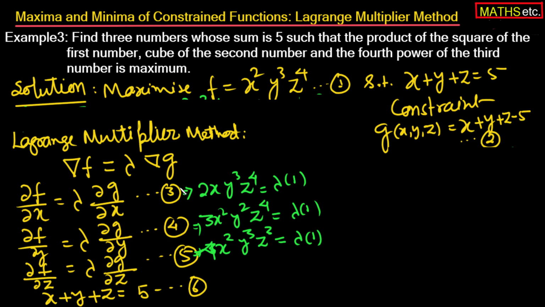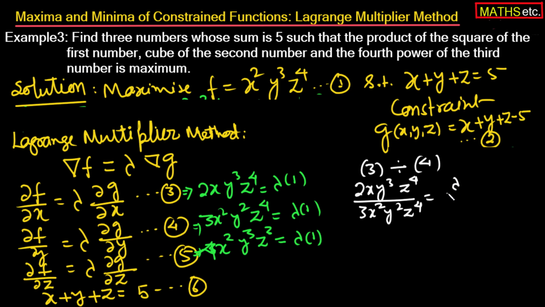So we divide equation 3 by equation 4. So we get 2x y cube z^4 over 3x squared y squared z^4, left hand side by left hand side, equals lambda over lambda. So lambda and lambda cancel out.